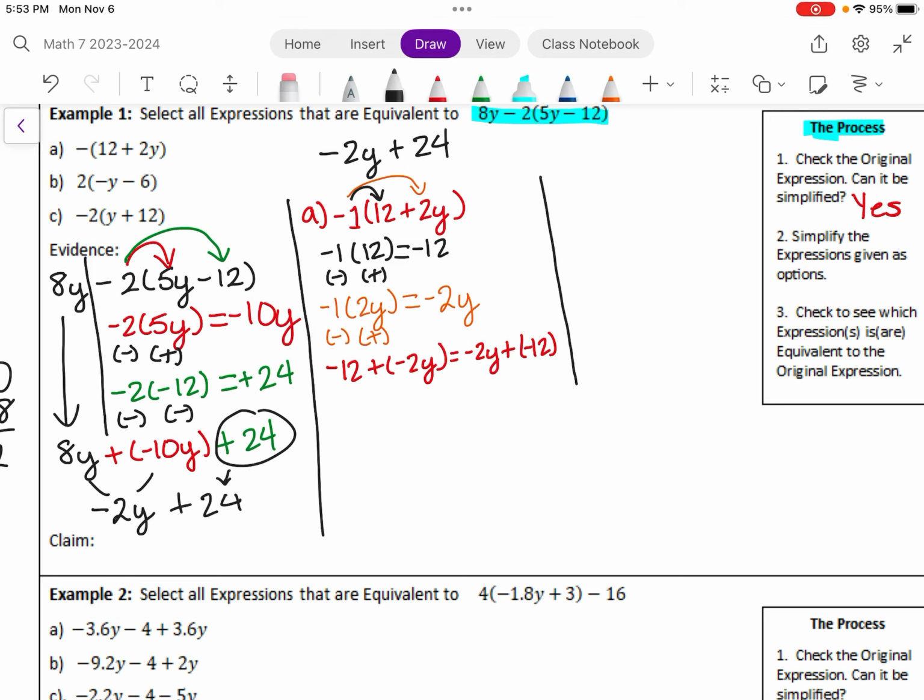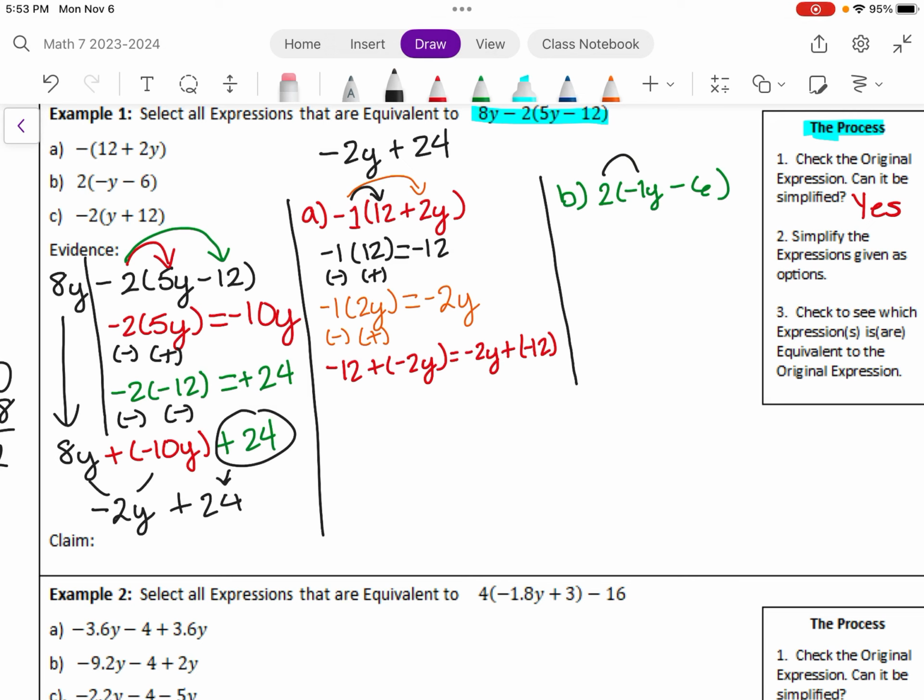Now I'm going to do my next one, B. I have 2 times negative y minus 6. I'm going to distribute my 2. But before I do that, I need to remember that instead of it just being y, it is a 1y.